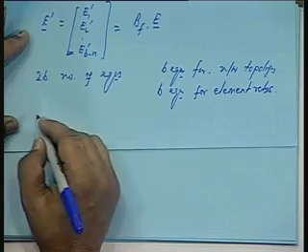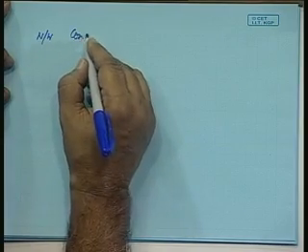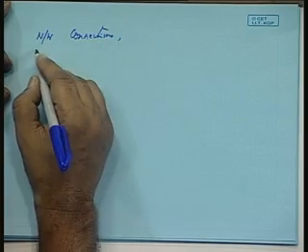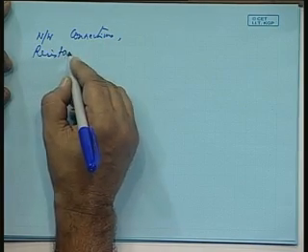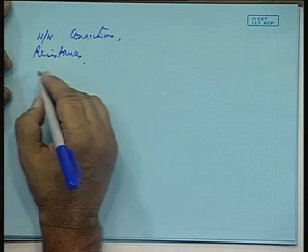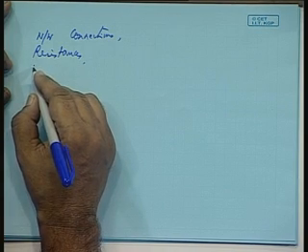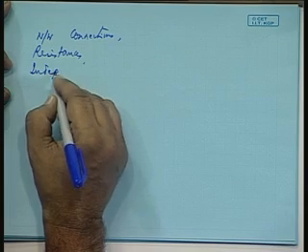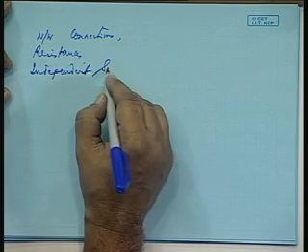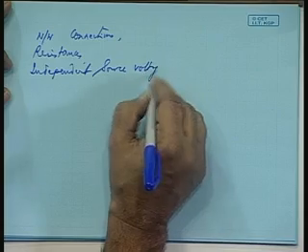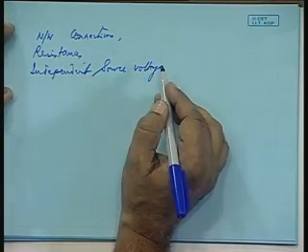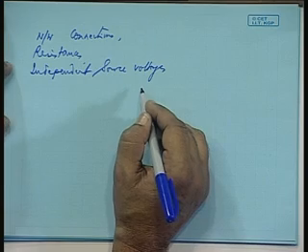Now, for a DC circuit, we first of all solve the voltages and currents. You are given the network connections, the resistances, and the values of independent source voltages. These are the quantities given, that is, we know the interconnections, resistances, and independent source voltages.